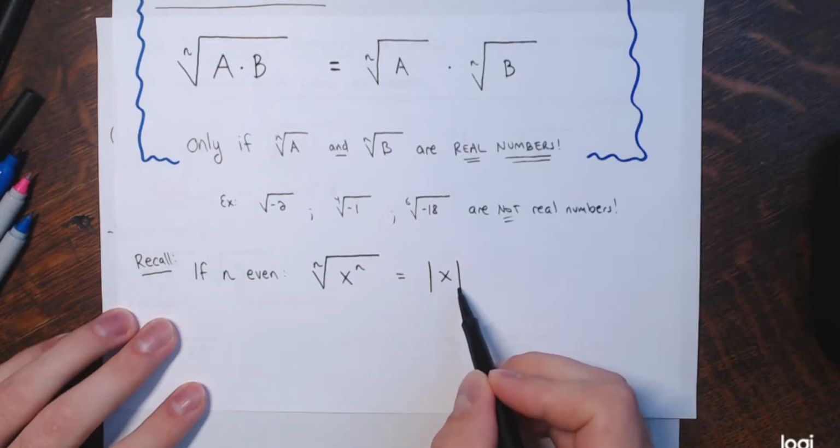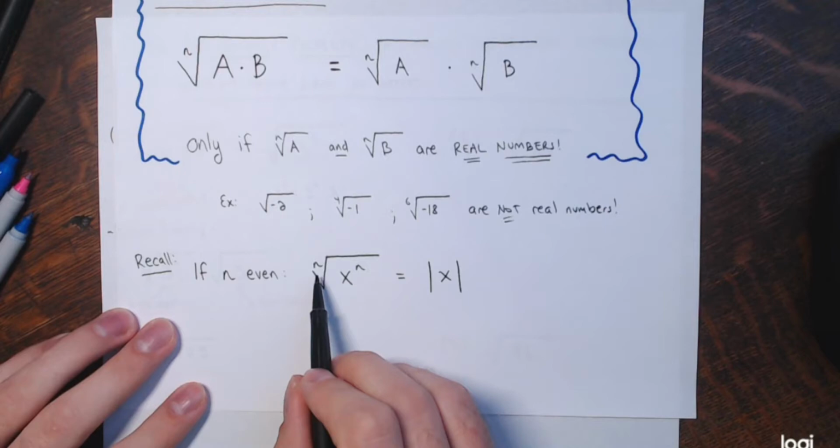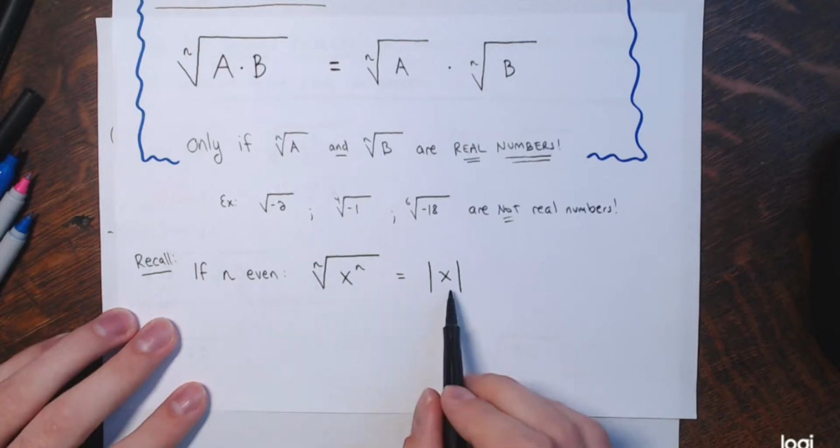And the reason absolute value symbols were used is because, when this is an even root symbol, they're asking you for the positive one, not the negative root.